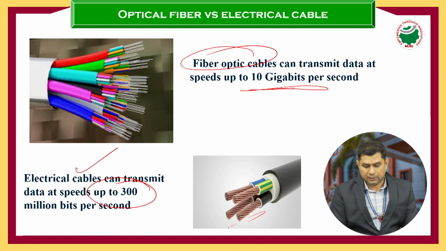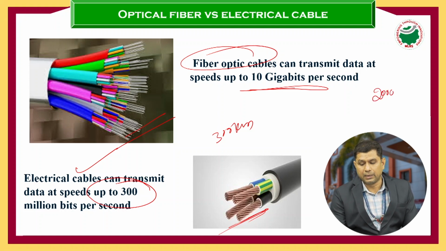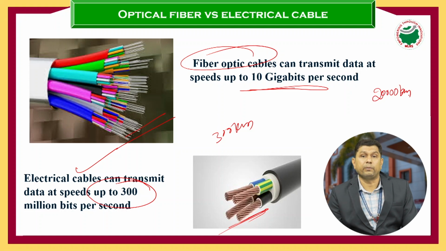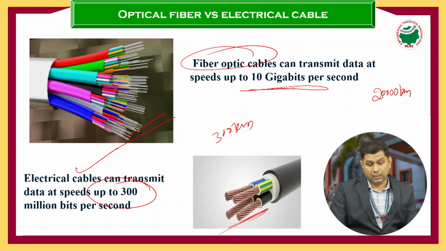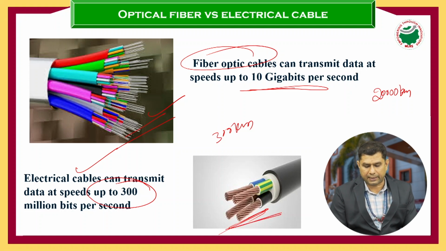While transmitting data in copper cables, after traveling around 300 kilometers the speed of the electron gets reduced. Whereas in optical fiber, the photon speed won't be affected even after 20,000 kilometers. That's why optical fibers are more efficient when compared to copper cables, and in the modern generation we replace electrical cables with optical fibers.